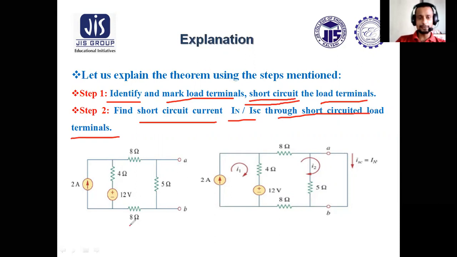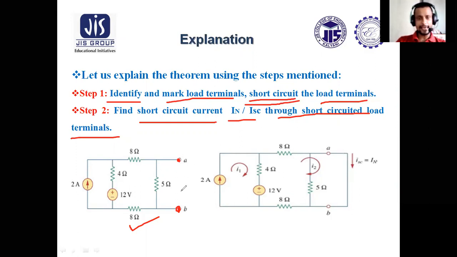So suppose this is the given question. Suppose we are asked to obtain Norton's equivalent circuit for this one. So first step is to do what? We are asked to obtain Norton's equivalent for these two terminals. Now, as per Norton's equivalent, we first need to find IN or ISC, which is the short circuited current.